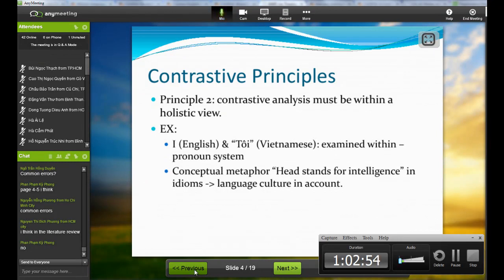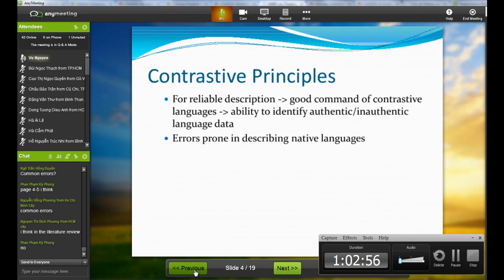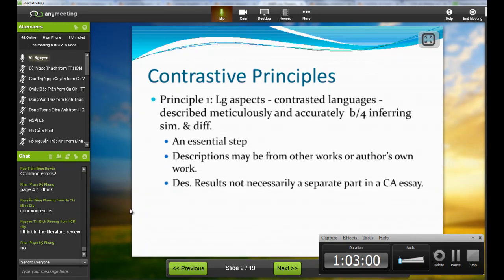It is the same for principle 2 because, now, do you see her analyze the essay by describing languages meticulously and accurately?